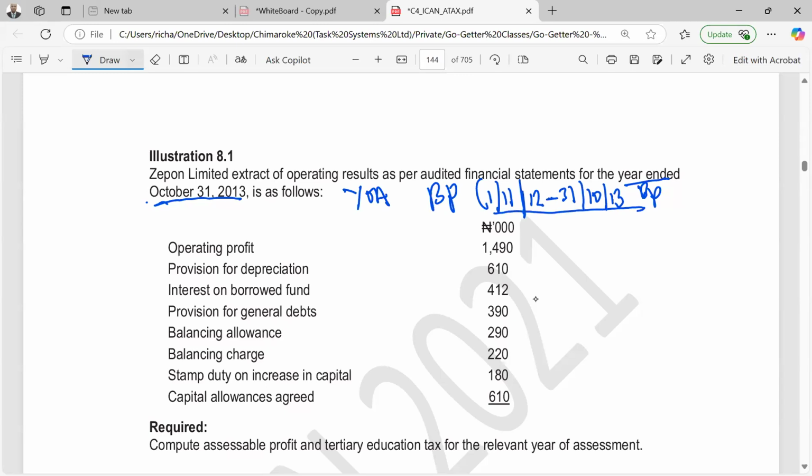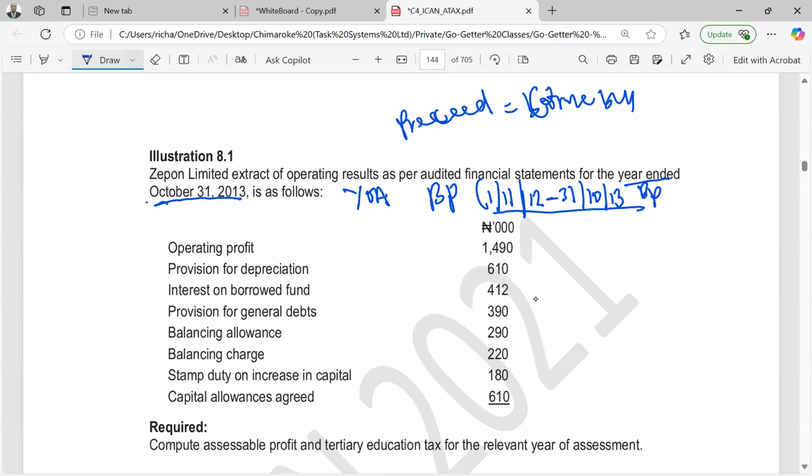Then there's something they call preceding year basis. So when they say precede, it means before or comes before. So when they say preceding year basis, it means the year before basis.